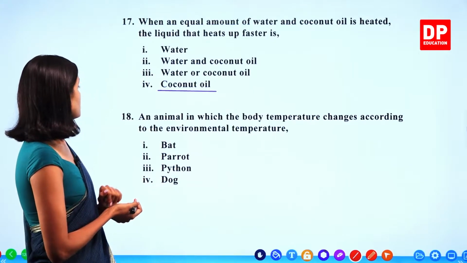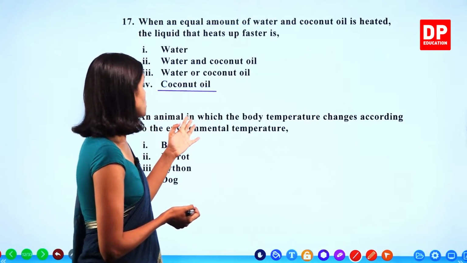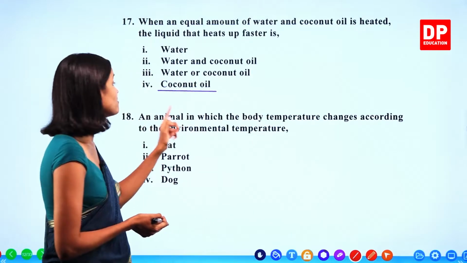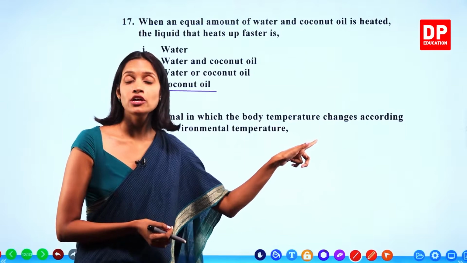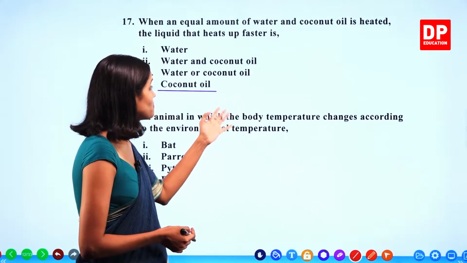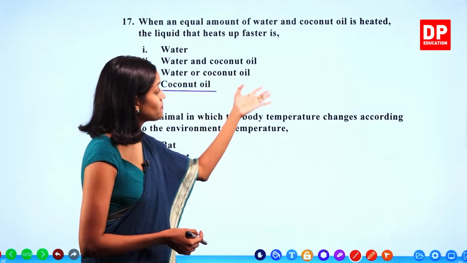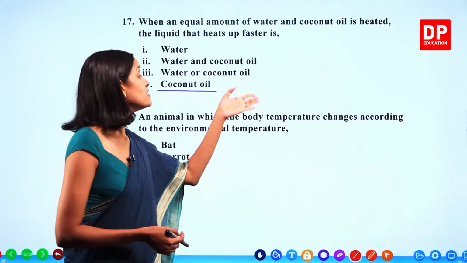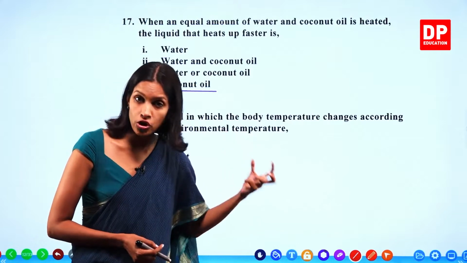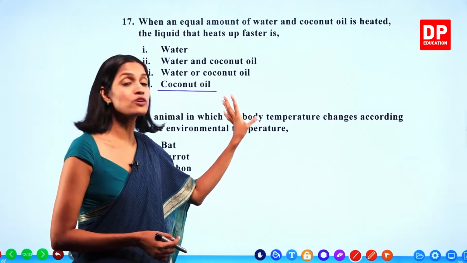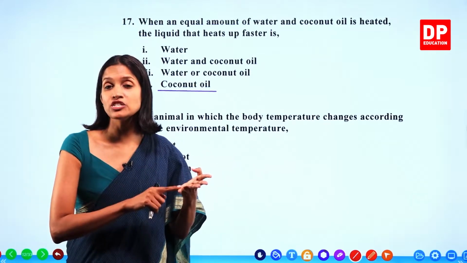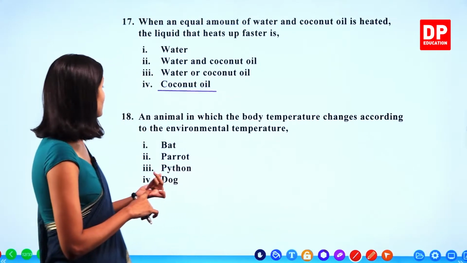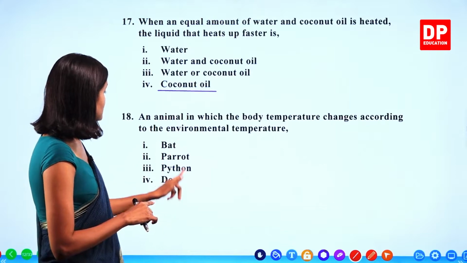Next one. An animal in which the body temperature changes according to the environmental temperature. That animal has to be a cold-blooded animal. Who are coming under cold-blooded animals? Fish, reptiles and amphibians. Right? So we'll go through the answers.